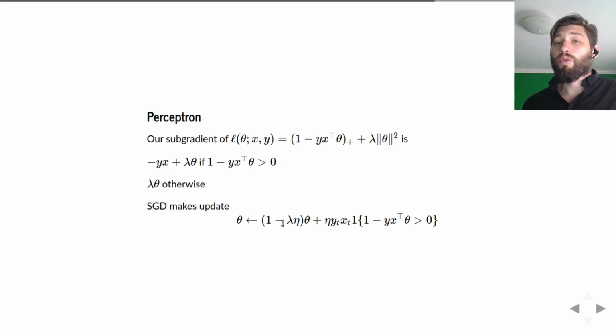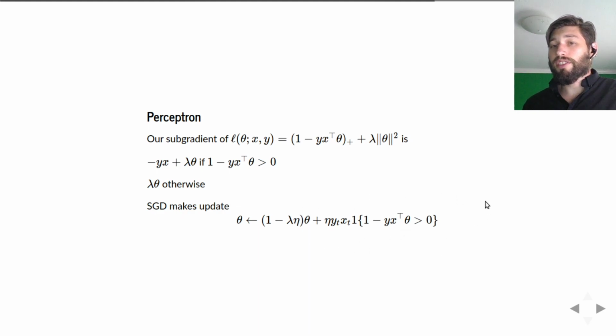Theta gets (1 minus lambda times eta) times theta, plus then you have this term, which is just a y_t x_t indicator of this. So the yx part is here, and this lambda theta is this part here. We're always removing some lambda theta times eta from theta.